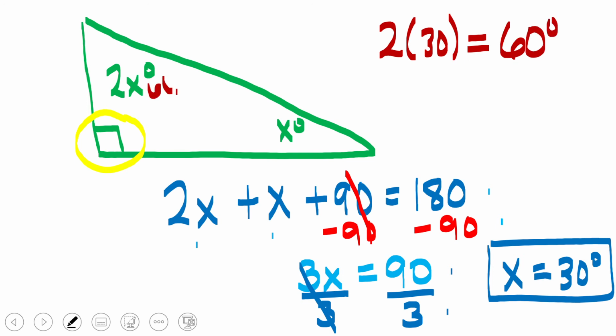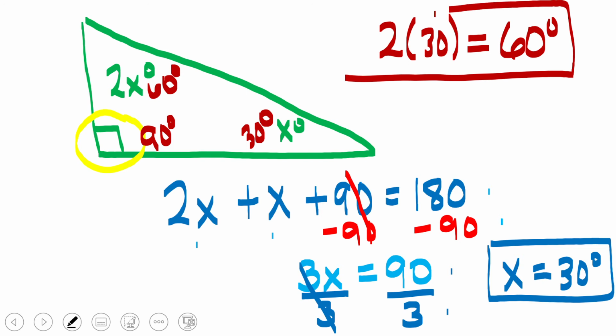So 60 degrees, 30 degrees, 90 degrees. Don't forget to go back and substitute for your variable in these situations where we still have a missing angle that is not calculated.